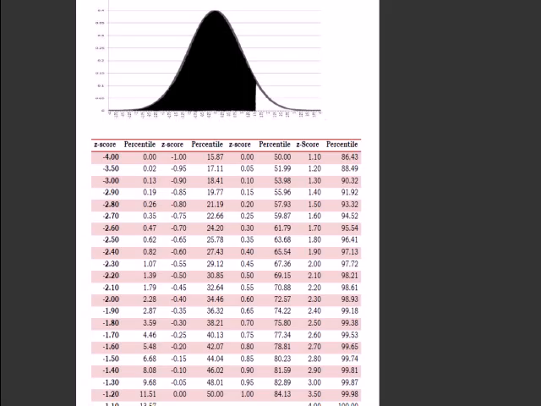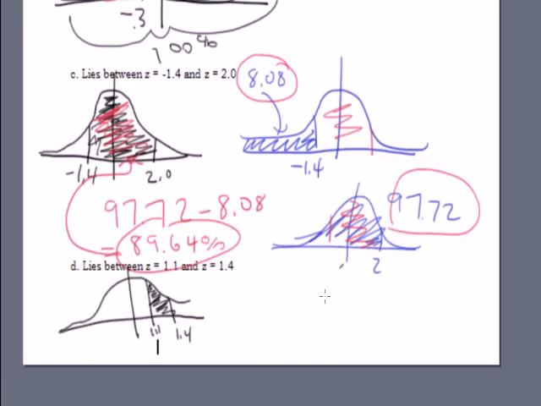The 1.1 value, 86.43. So I'm going to take that 91.92 minus 86.43, and I could draw out a few more pictures to see that, but that's exactly what I'm going to want. And that should be 5.49% or so.